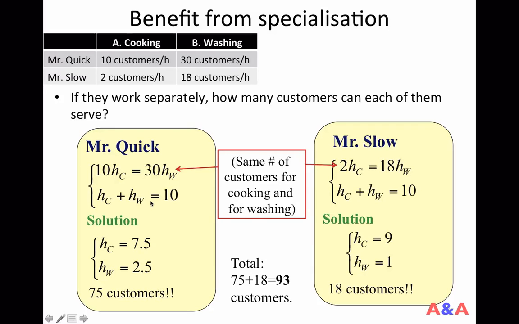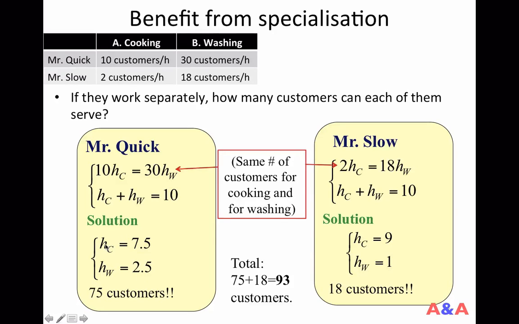The second equation simply means that he works 10 hours in total. So the number of hours he spends on cooking and the number of hours he spends on washing should sum up to 10. If you solve this system of equations, the solution is HC equals 7.5 and HW equals 2.5.